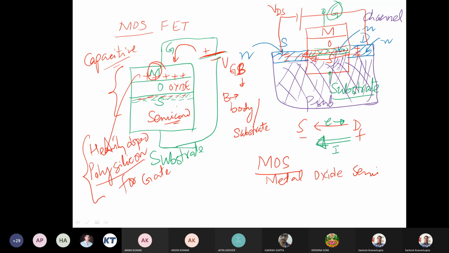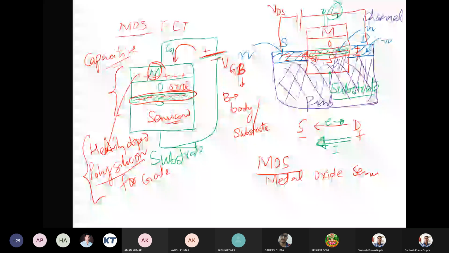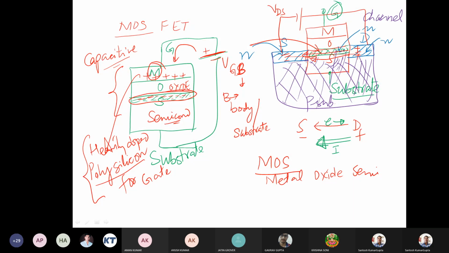Oxide is insulating in nature, which doesn't allow the current to flow through it. So the semiconductor is not really a conductor, but near this interface, already we have, say, N type doping here. So this region is more conductive.